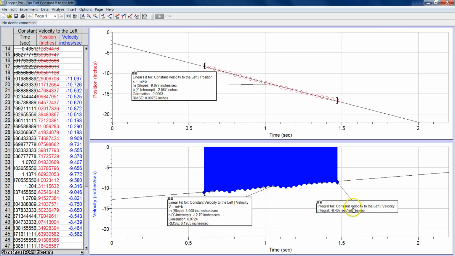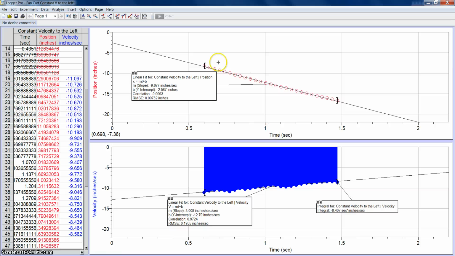Over here I got the integral for our velocity graph, which is just the area under a velocity graph. If you remember, the area under your velocity graph is also your change in position. And our change in position, as it says right here, is negative 8.407 inches.